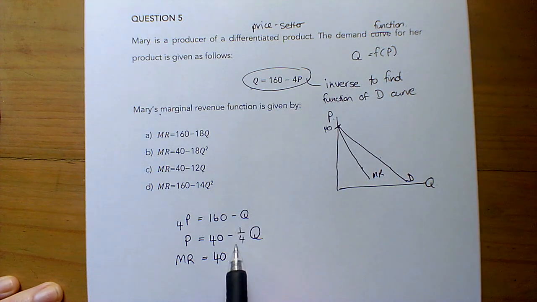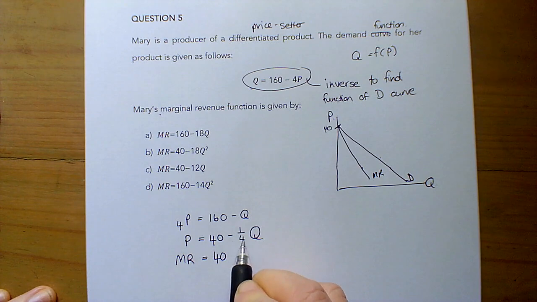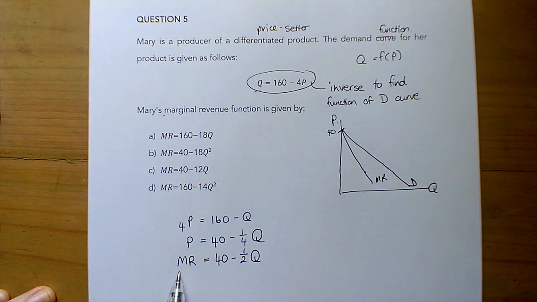And if the demand curve has a slope of minus a quarter, then the slope of the marginal revenue curve is going to be twice as large, so minus a quarter times 2, which is minus a half. And so this is the function of marginal revenue.